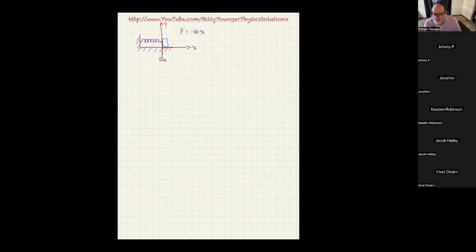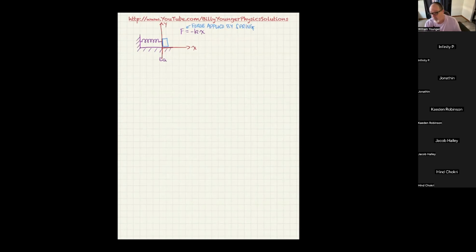And remember, this is the force applied by the spring. And again, Hooke's law doesn't just apply to springs, but that's easier for us to see.